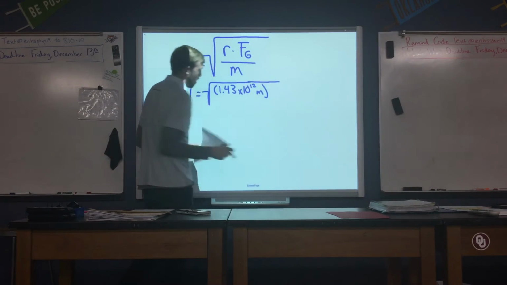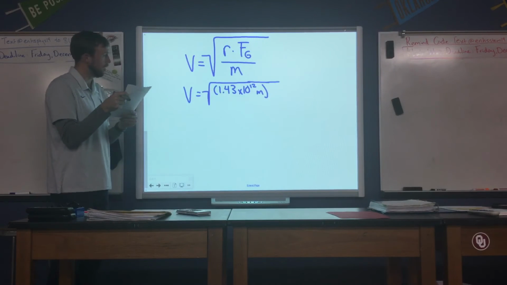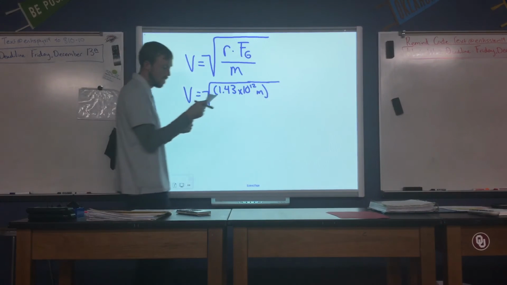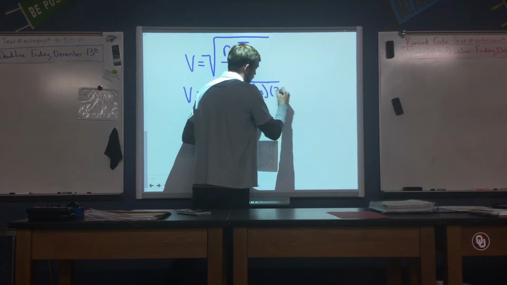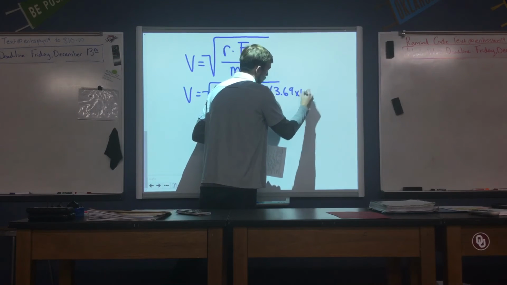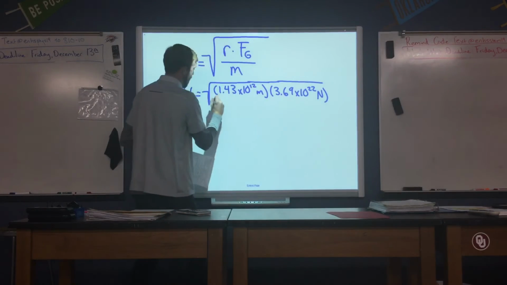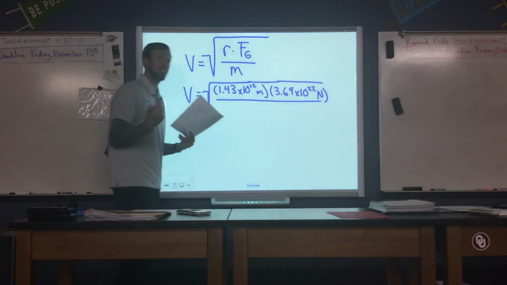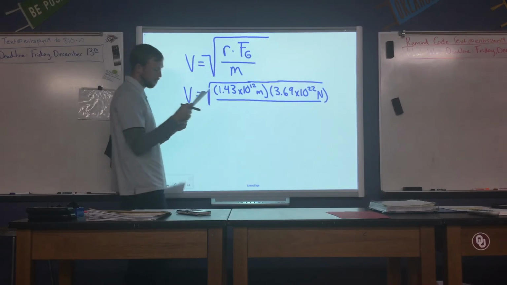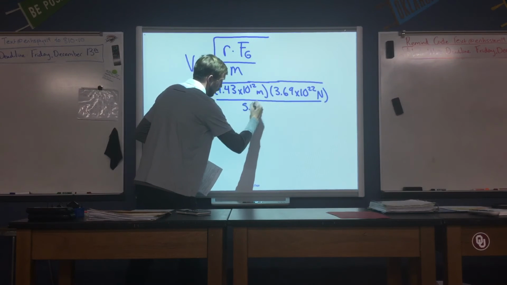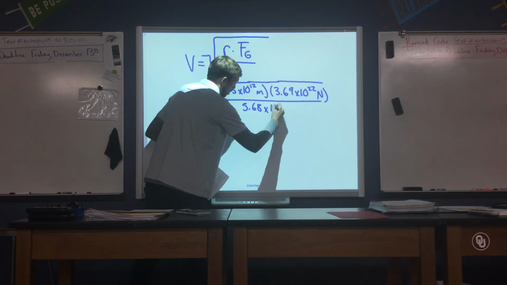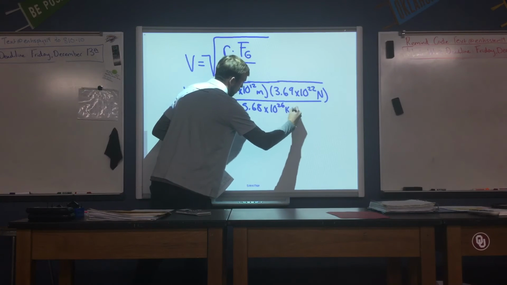10 to the 12 meters. Close those parentheses. And then we will multiply by the force that we solved for in part A, 3.69 times 10 to the 22nd power newtons. And then we'll divide by the mass of our planet Saturn, that is the object moving in a circle, 5.68 times 10 to the 26th power kilograms.